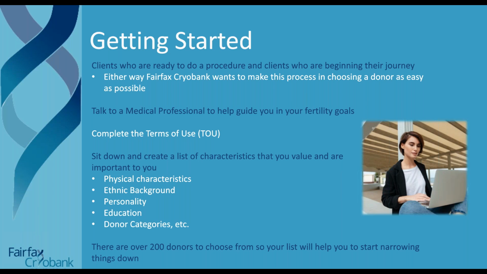This number actually fluctuates daily, so you can always check on our website. Plus, we also have new donors always being added. I wanted to add to this as well with our marketing team and our sites. They're diligently working on recruiting donors all the time and trying to diversify our donor pool. They're working on different strategies, but we are also open to any ideas as well.